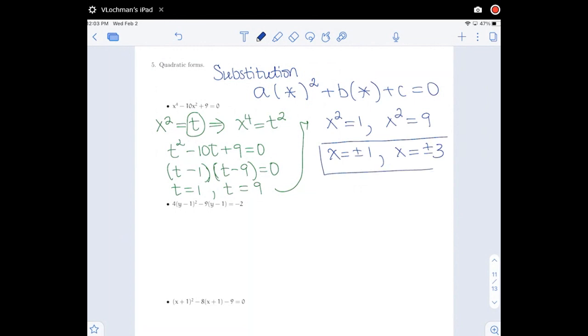Okay, fourth degree polynomial, we should get up to 4 solutions. And we get exactly 4 solutions. So that's how you would approach this problem, where it's not in the quadratic form that we're used to, but it's more of a substitution form.